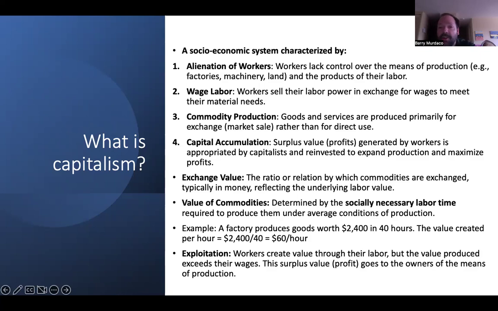But that becomes a very cumbersome process in a very short period of time. So what we use instead is another commodity, money. In Marx's time, it is usually gold or silver. Now we basically use paper money, which reflects the socially necessary labor time in those things.